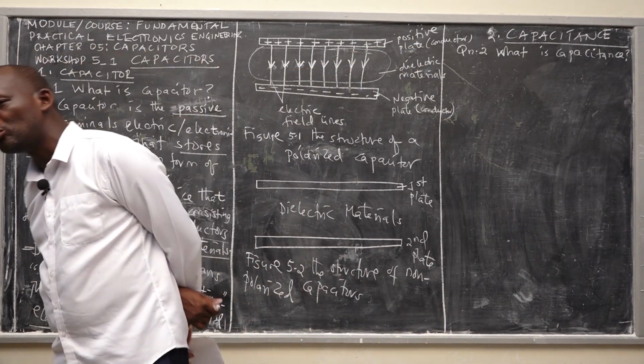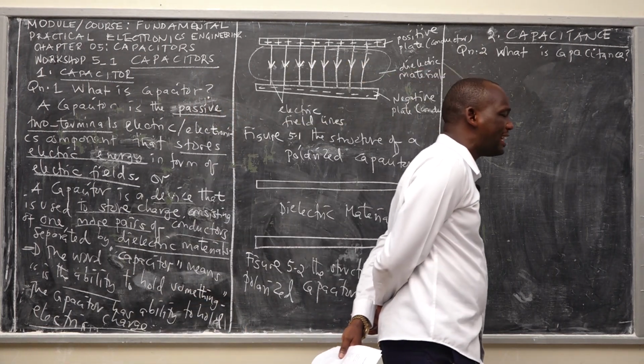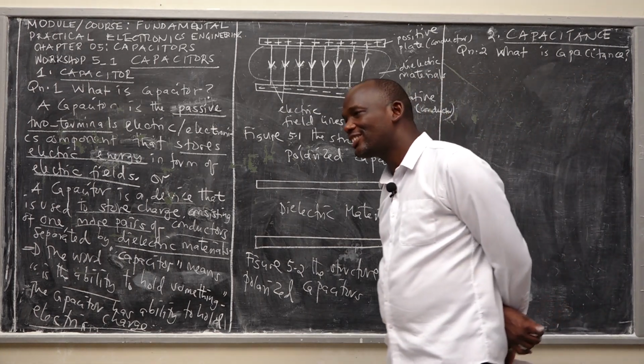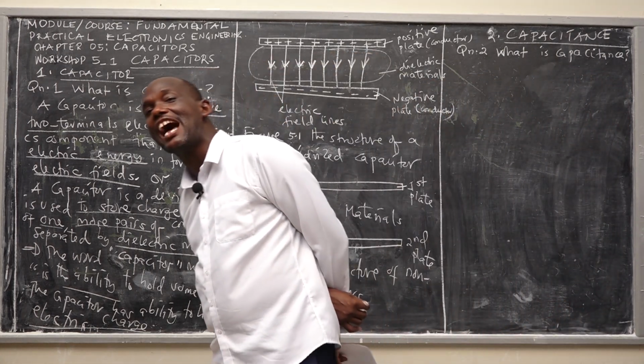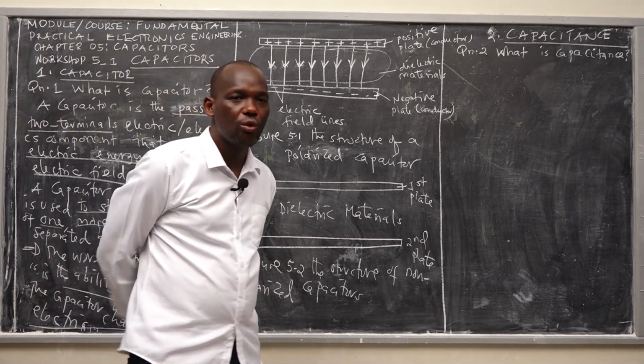Why? Because most of the sensors that we have in electronics, and especially embedded electronics, use the property of resistance, capacitance, and inductance in order to detect a real-world physical quantity.